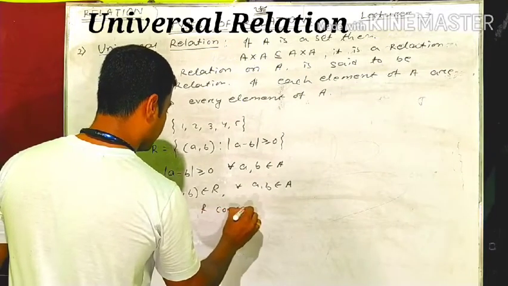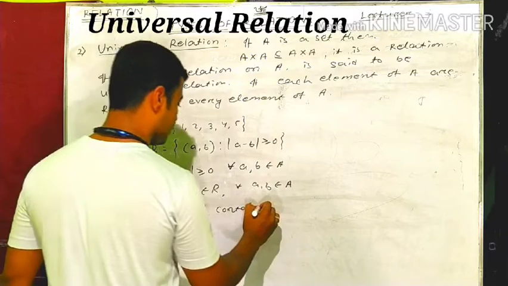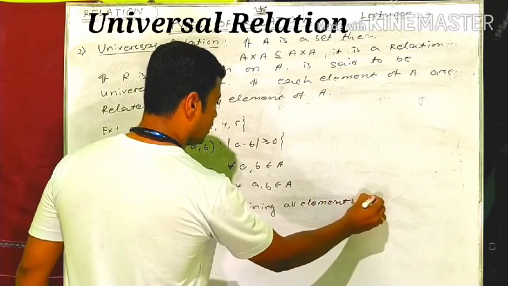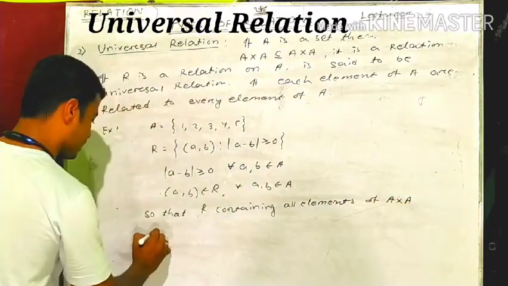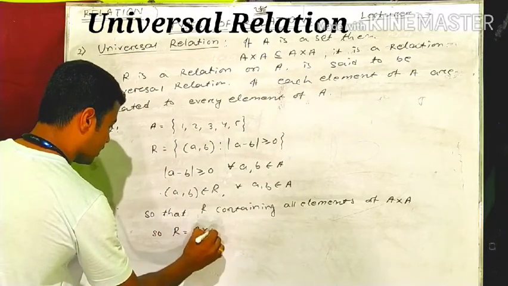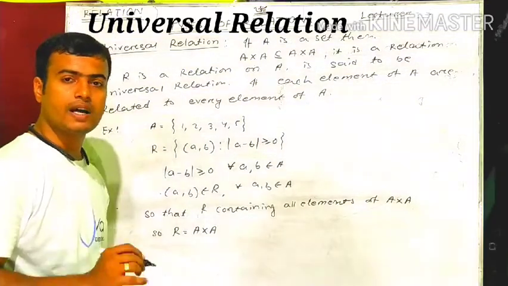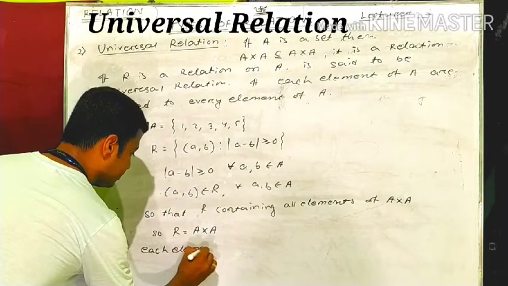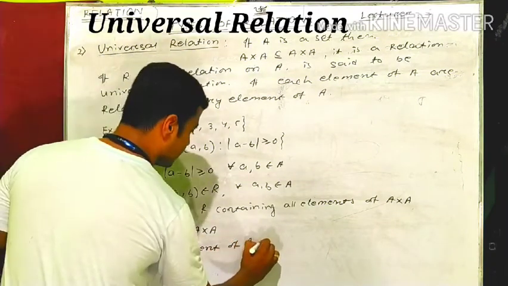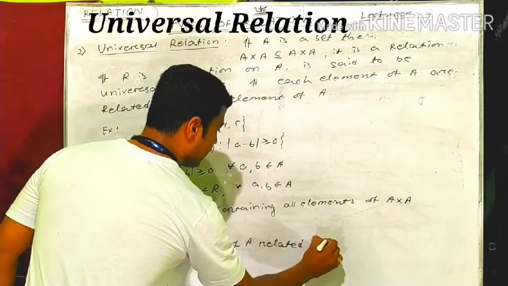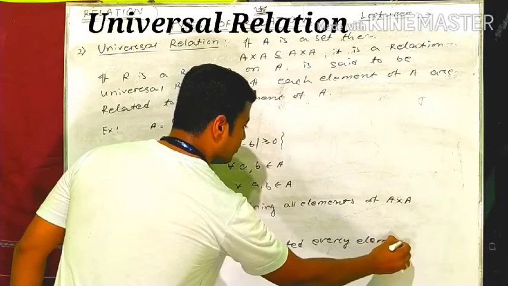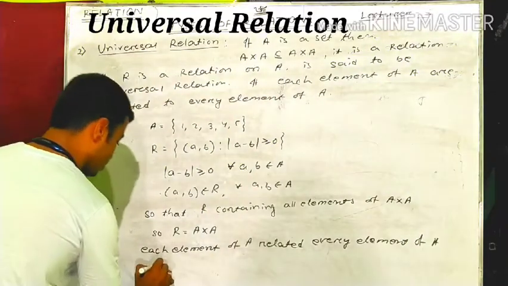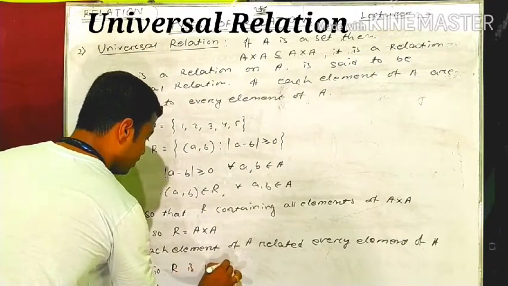So R contains all elements of A cross A, so that R equal to A cross A, meaning each element of A is related to every element of A. So R is called universal relation.